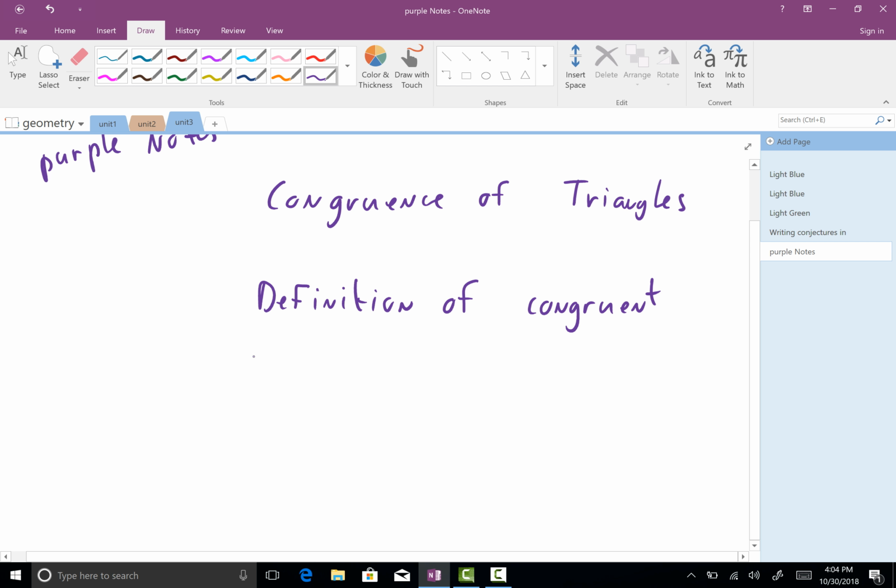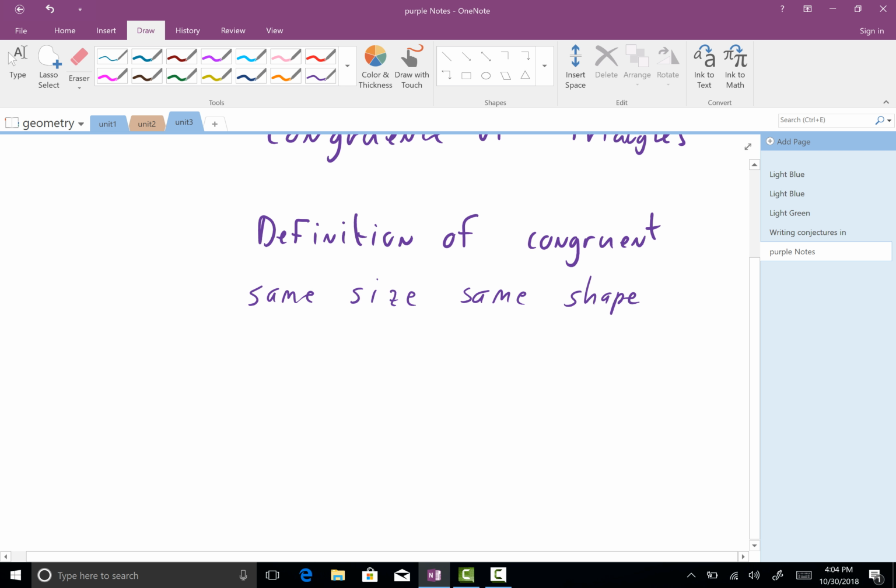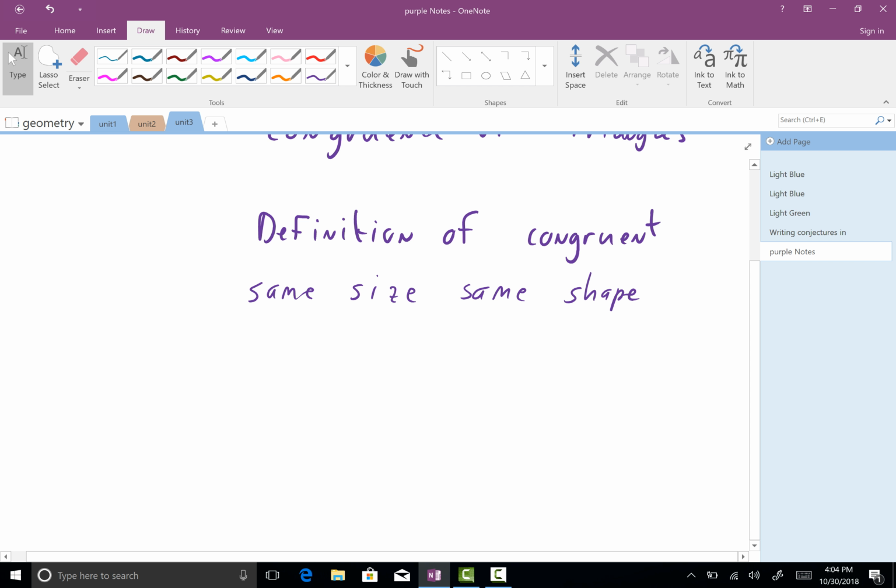So the definition of congruent means same size, same shape. All right? So if we say two things are congruent, that means they have the same exact size and they have the same exact shape. That's what congruent means. All right?